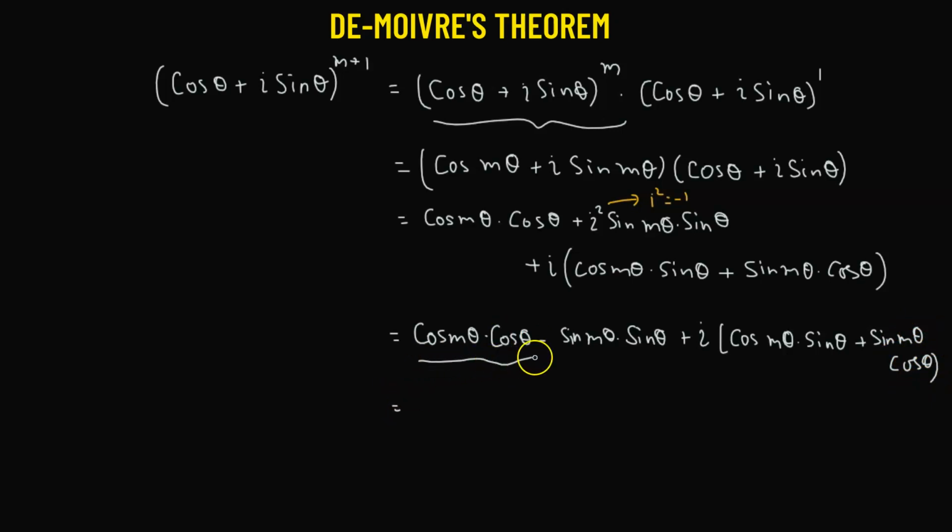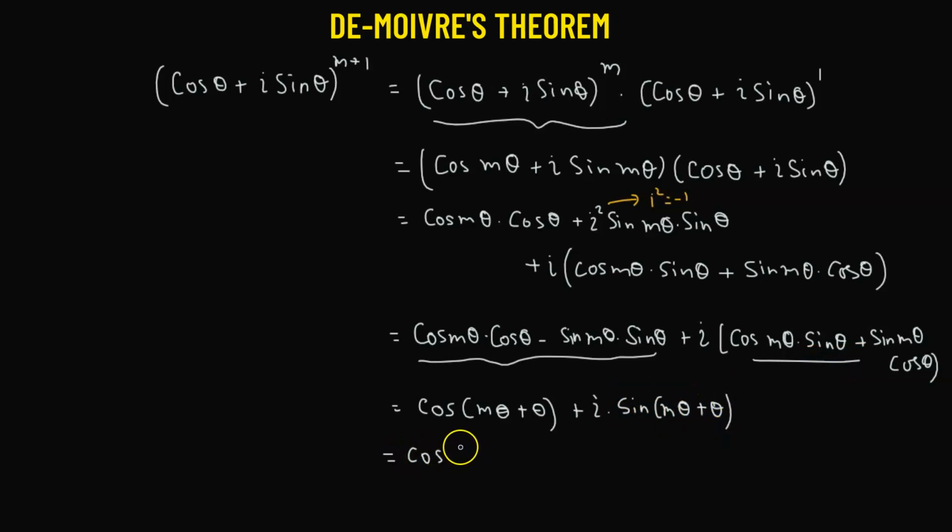Now cosine of m theta times cosine of theta minus sine m theta times sine theta, this is the expansion of cosine of m theta plus theta, plus iota times, and this particular expression is the expansion of sine of m theta plus theta, which means we have cosine of m plus 1 times theta plus iota times sine of m plus 1 times theta.